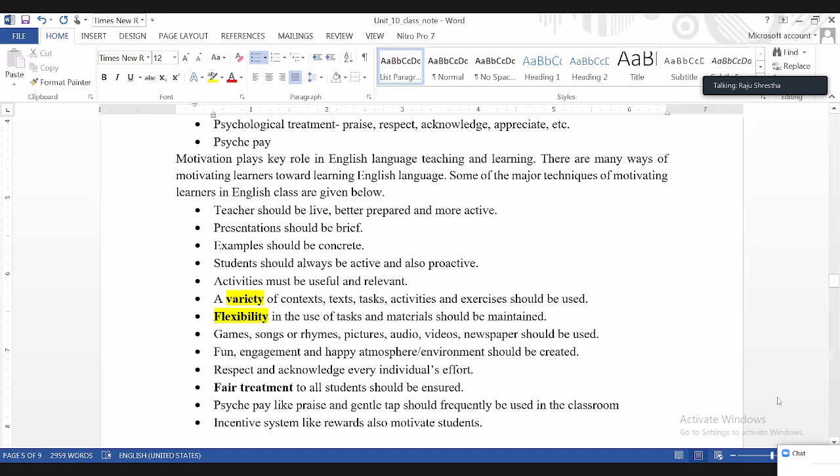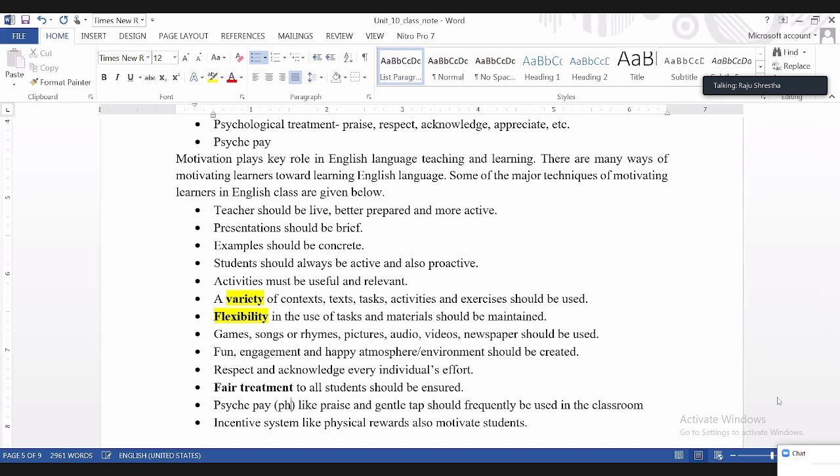Incentive system, like physical rewards, also motivates students. This physical reward is especially related to extrinsic motivation, and psychological treatment is intrinsic motivation.